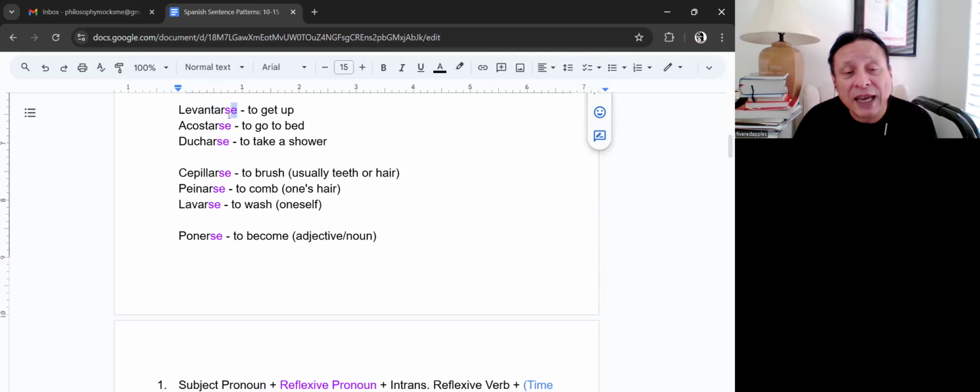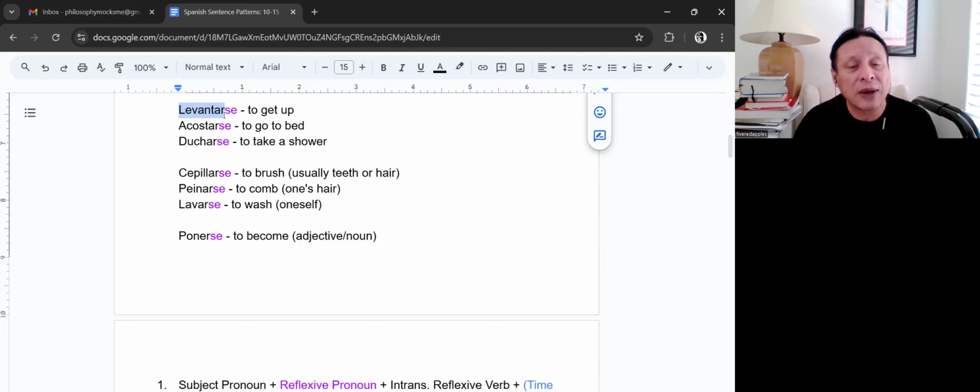Once you take away the se and you put in the reflexive pronoun, you still have to conjugate the verb for the subject, levantar. So if I say yo, it's levanto. But since it's a reflexive verb, I have to throw in the reflexive pronoun me, which is basically I or myself. So yo me levanto. And then the se goes away because the se turns into me. It turns into the reflexive pronoun. Okay. So, and then you conjugate levantar the way you would if it wasn't a reflexive pronoun.